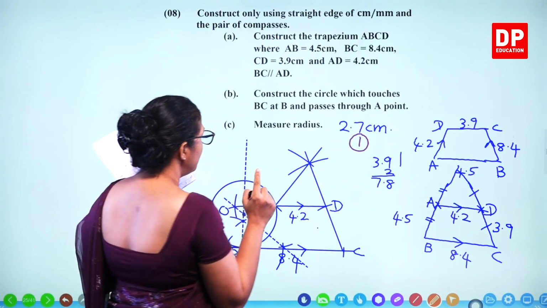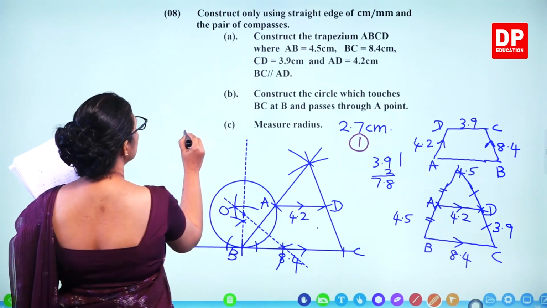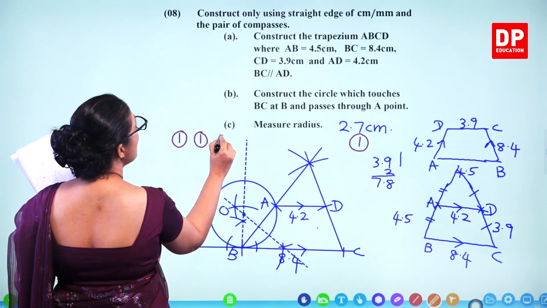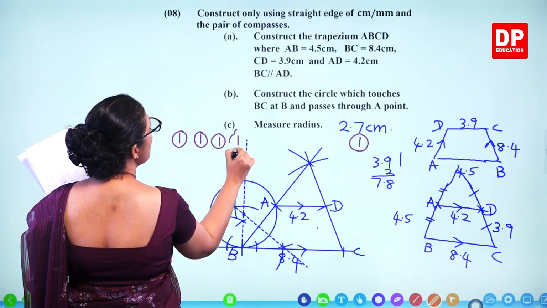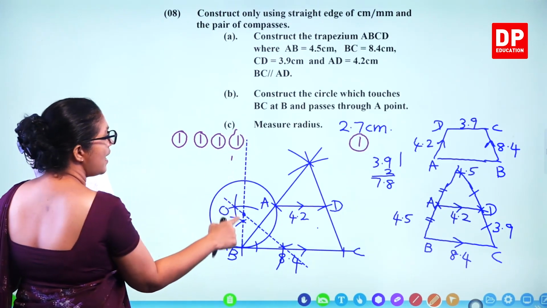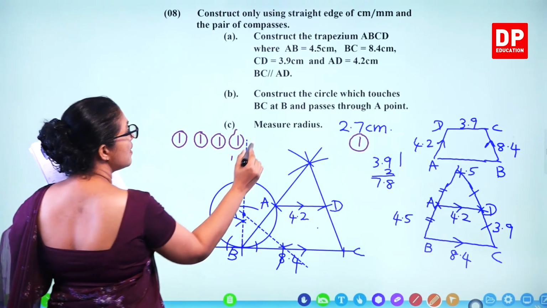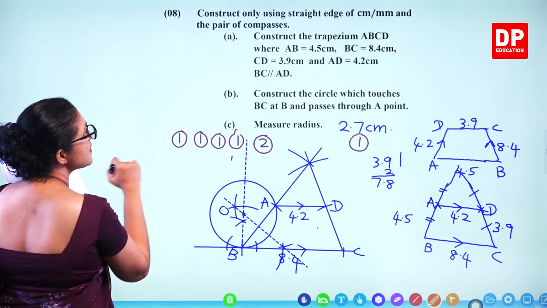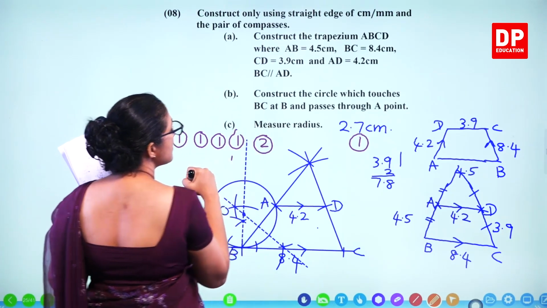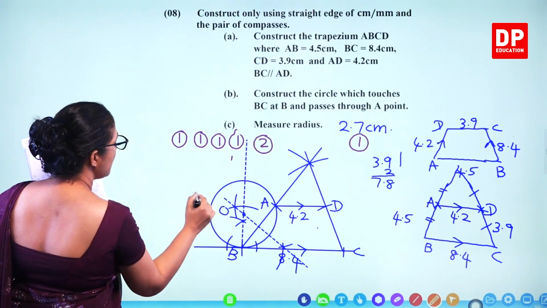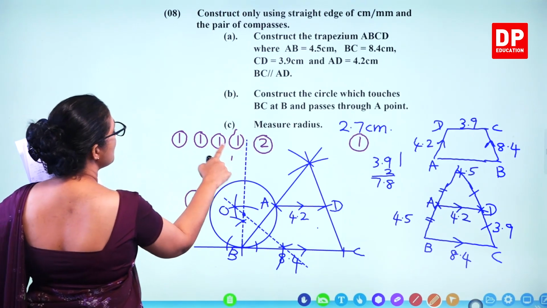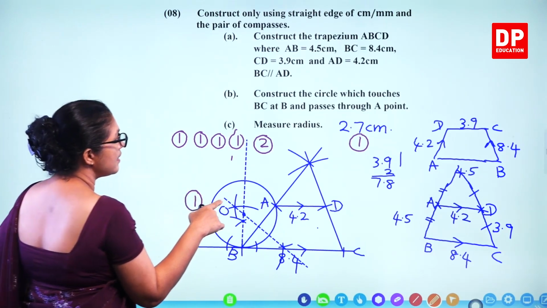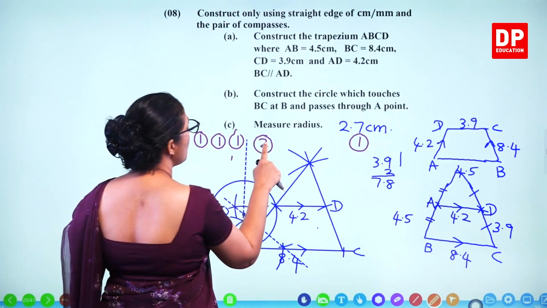So AB 1 mark, BC 1 mark, CD 1 mark, AD 1 mark, and parallel, and using this another 2 marks. 2, 3, 4, 5, 6, and constructing the circle we can give 1 mark. 7, and another 1 mark.